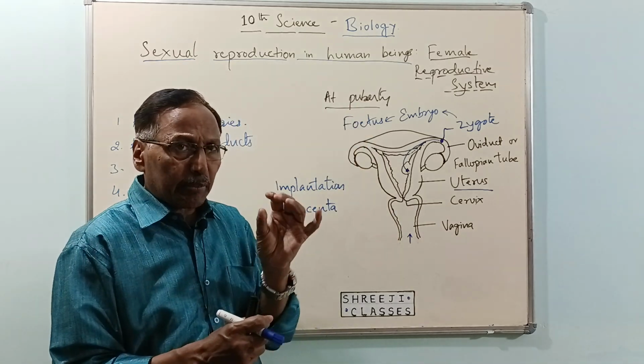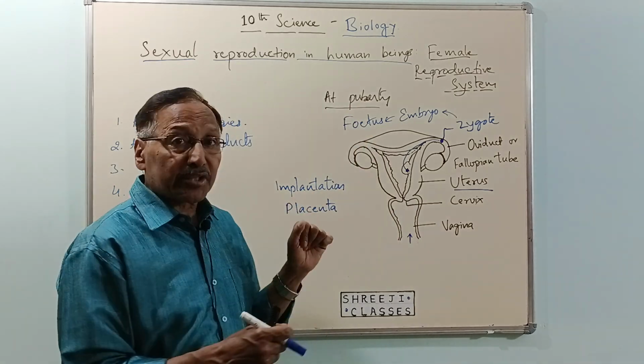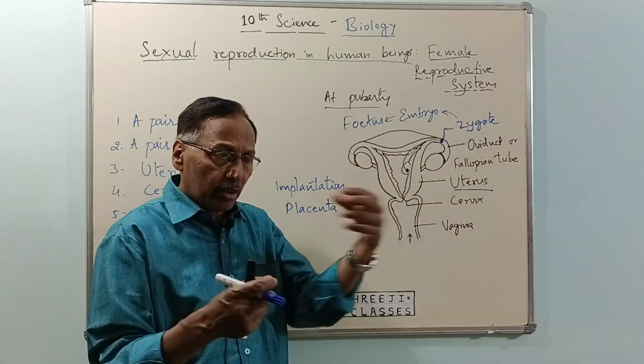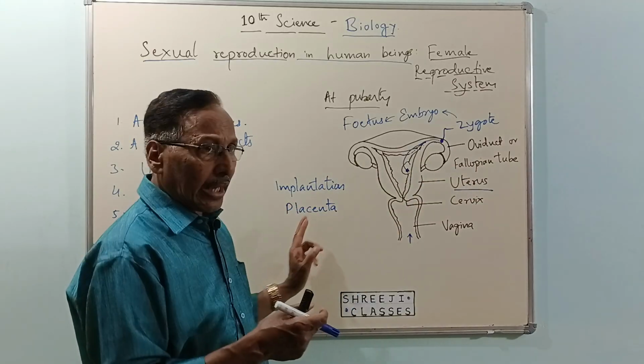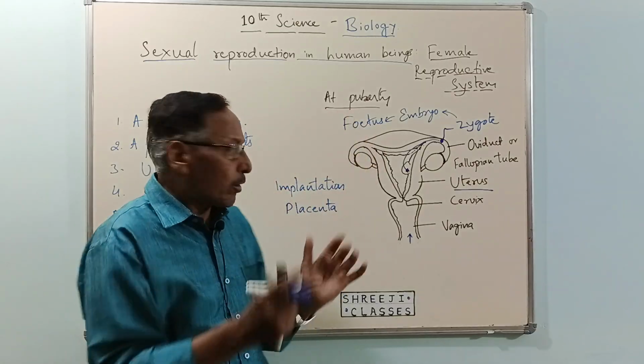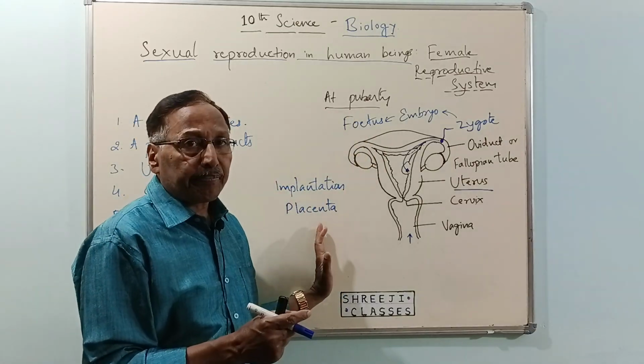See, there are villi, meaning finger-like projections, on either side. From the uterine wall projections come, and from the embryo also projections come. These two together form what we call the placenta.